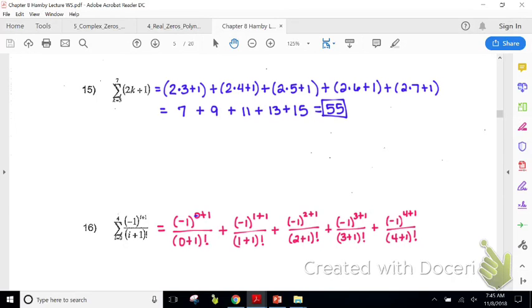All right, so I'm going to do a little work here. So that's what, 1. So negative 1 to the first is negative 1 over 1 factorial, which is just 1. It's going to be a 2. So negative 1 squared is positive 1 over 2 factorial, which is what, 2 times 1? So just 2.